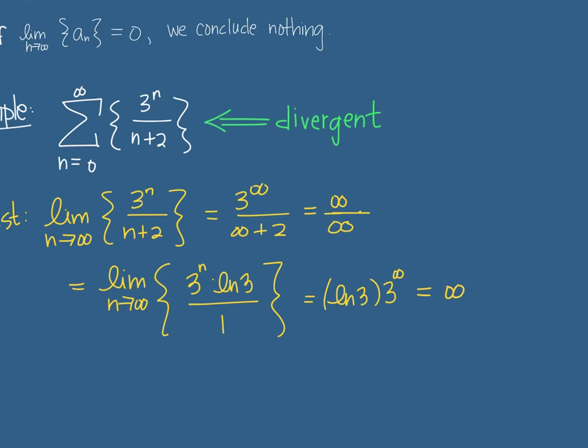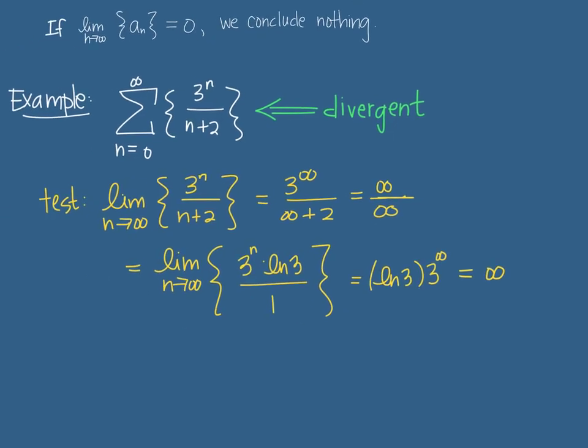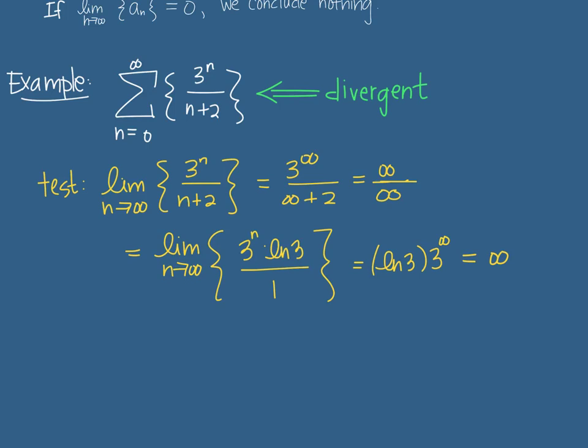That's the only conclusion we can make. As long as it's not equal to 0, then that series will diverge. Because the nth terms, the general terms, are just getting bigger and bigger and bigger. So the series, as you sum, is just going to get bigger and bigger. Therefore, it diverges.